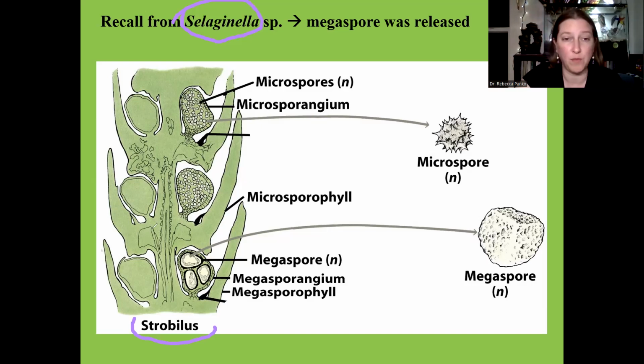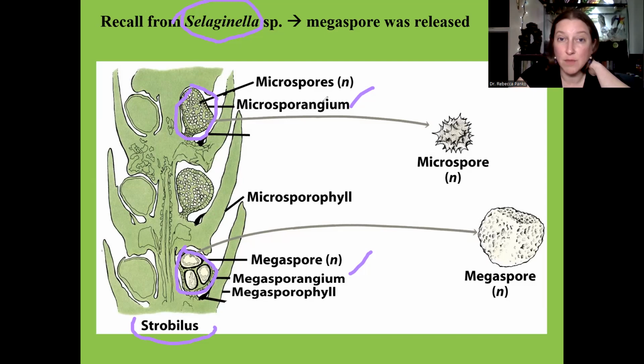They're really the same leaves, but they have different things on them, so we call them different names. So on this strobilus, we have megasporogenesis here and microsporogenesis here, right? This whole thing that I'm circling is the megasporogenesis. This whole thing that I'm circling is the microsporogenesis.